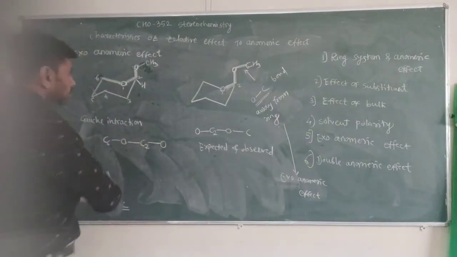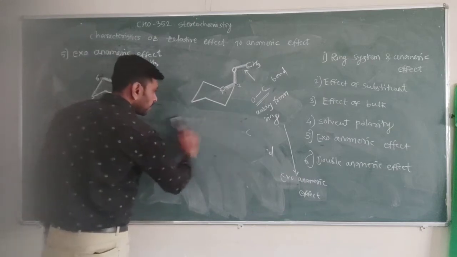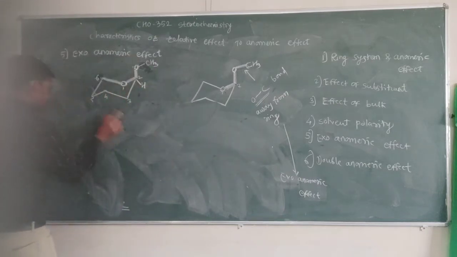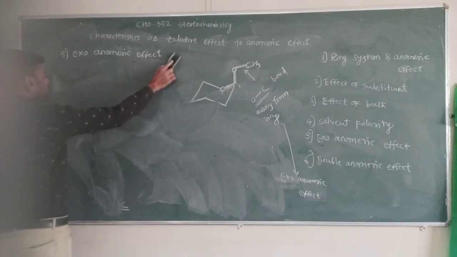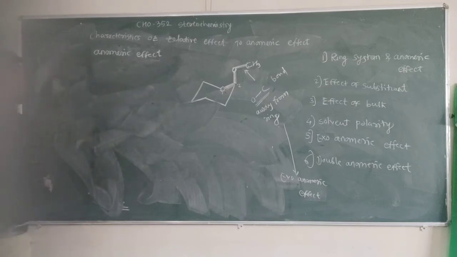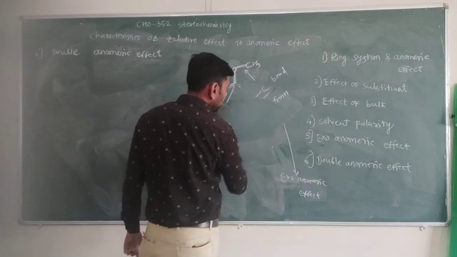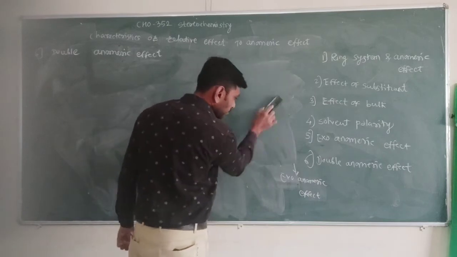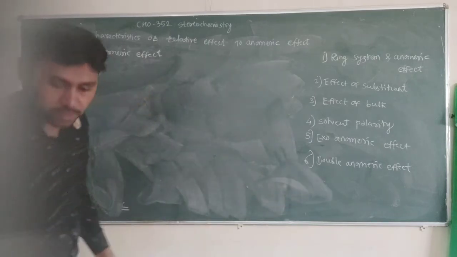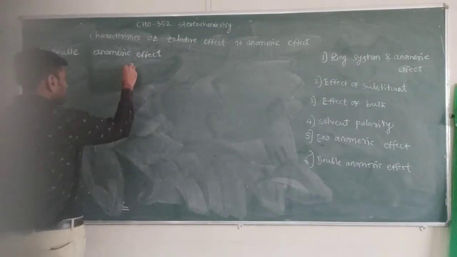Now it is clear. See, the next is the double anomeric effect. In the double anomeric effect, it is generally observed in the compound 1,3-dioxane.